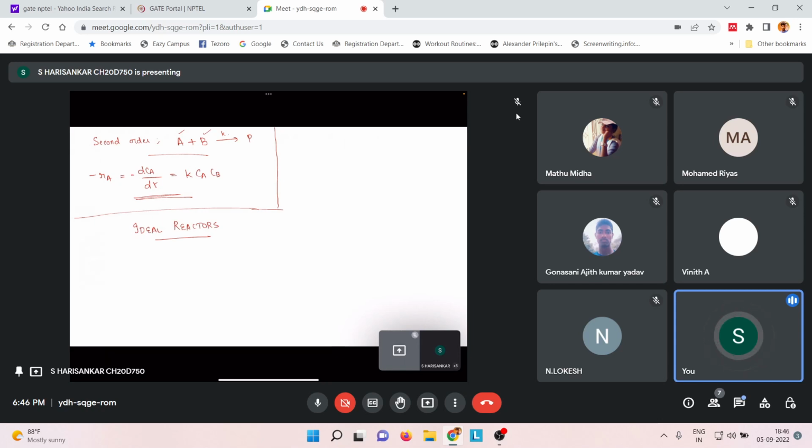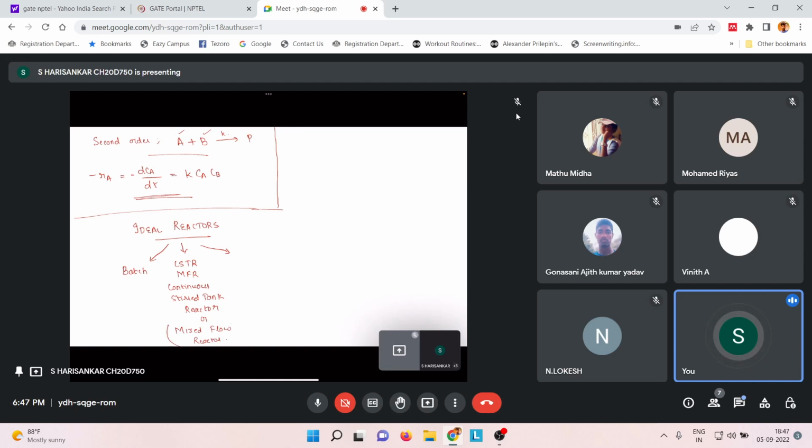So, as I said, there are three types of ideal reactors: batch, CSTR, or you can even term this as MFR. CSTR stands for continuous stirred tank reactor, and MFR stands for mixed flow reactor.